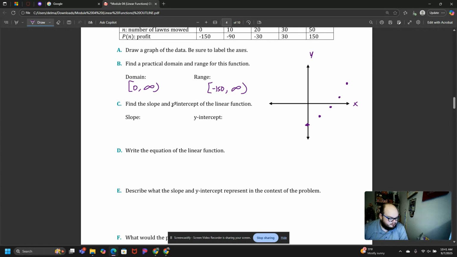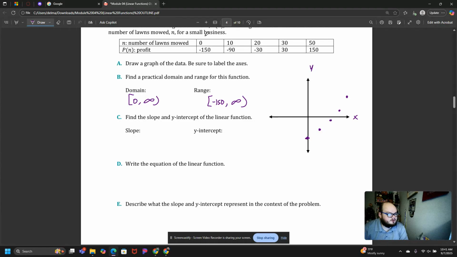Well, the slope can be found by using 2 points, and it doesn't matter which 2 we use. I would think we'd probably just use the first 2 in the table. It's important to note that even if you use this one and this one, you're going to get the same slope as using this one and this one, because this is a linear function.